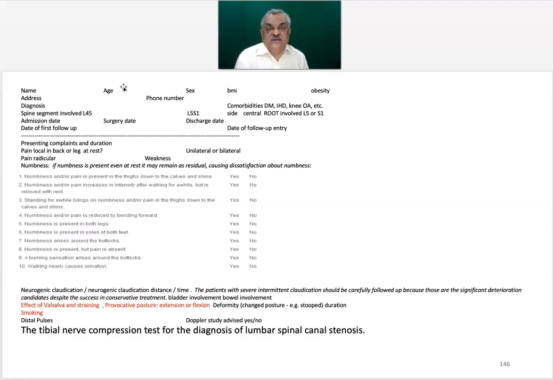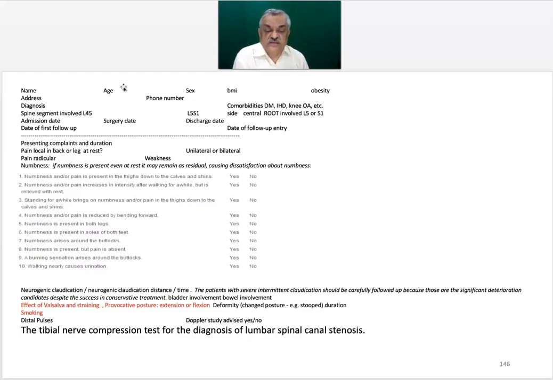Commonly, if the causes are around facet and posterior to the dural sac, extension commonly causes increased problem. If there is a deformity or change posture, commonly there is a stoop posture and the patient is not able to straighten. We have to know the association of smoking.